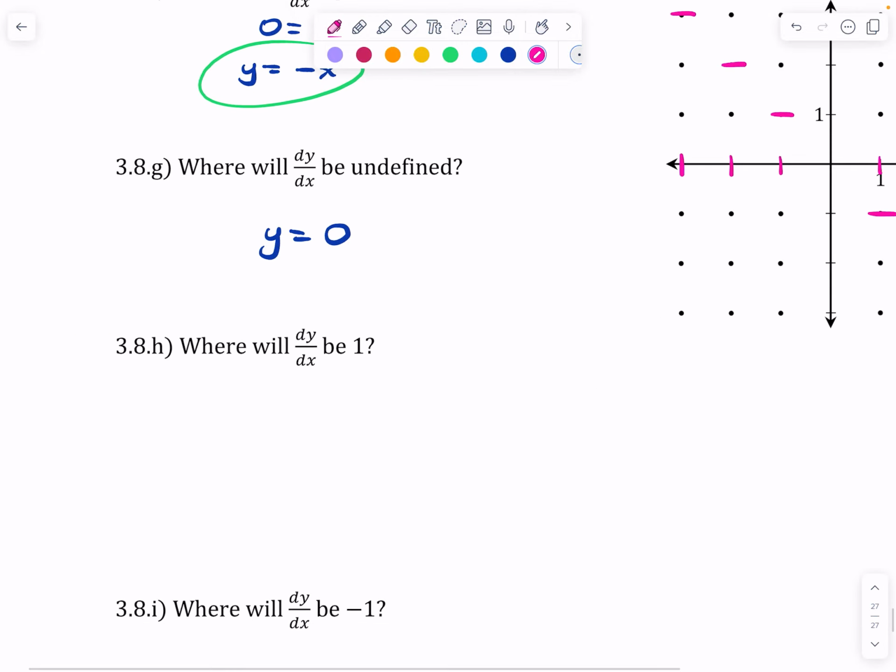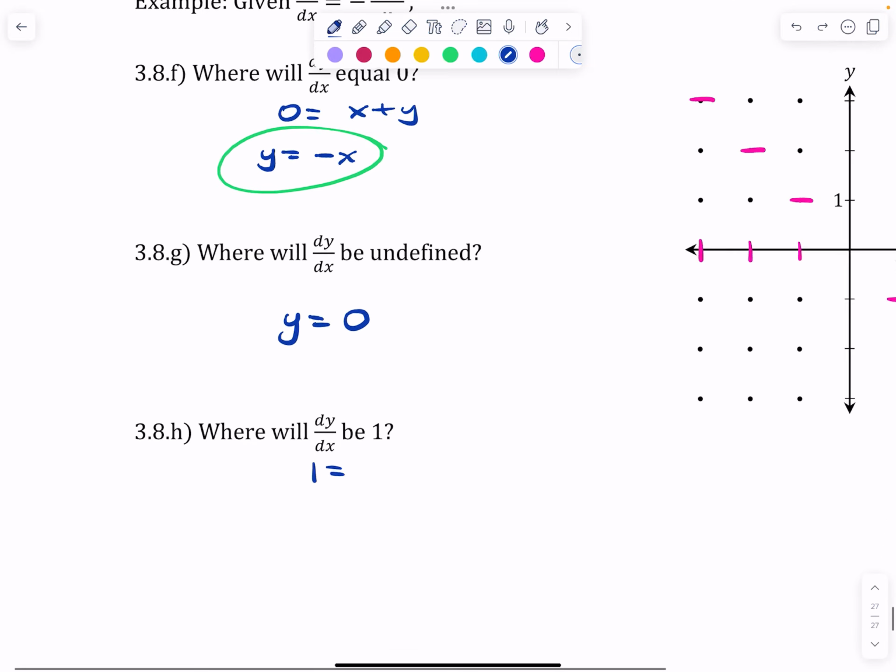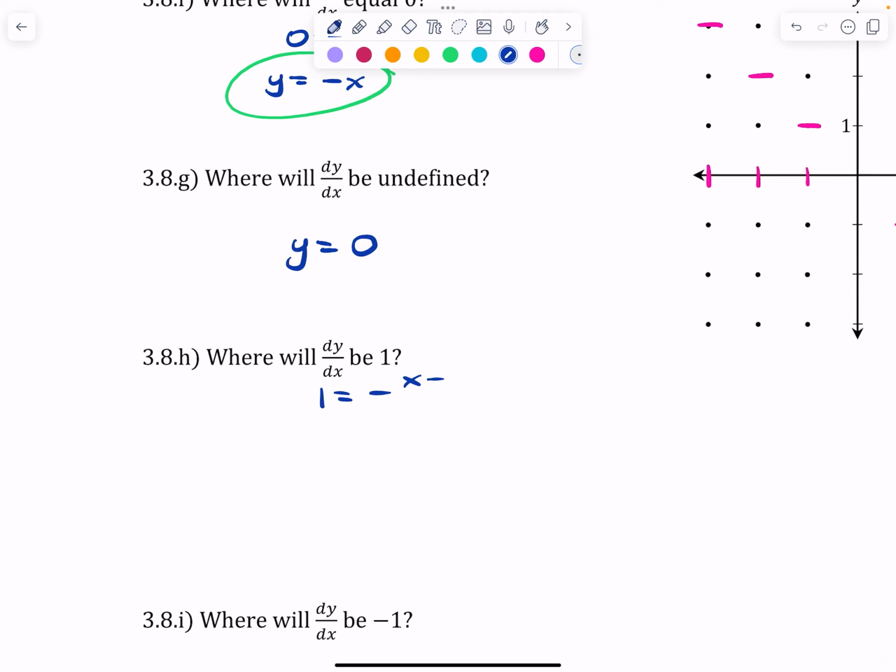And now I'll check on the other things. Where will dy dx be 1? So that is when 1 is the slope. Dy dx is 1, so negative (x plus y) over y is equal to 1. And then we're just going to solve this. Y equals negative x minus y, applying that negative to the top. 2y is equal to negative x.